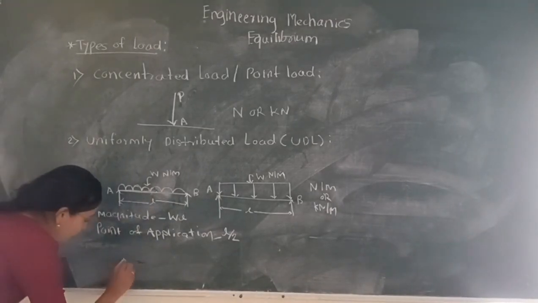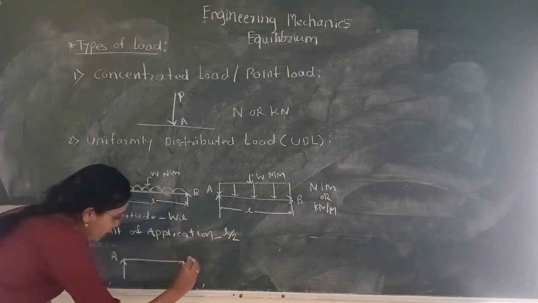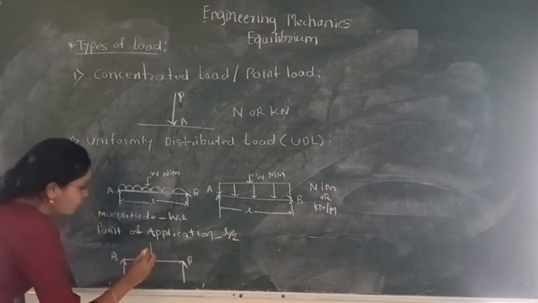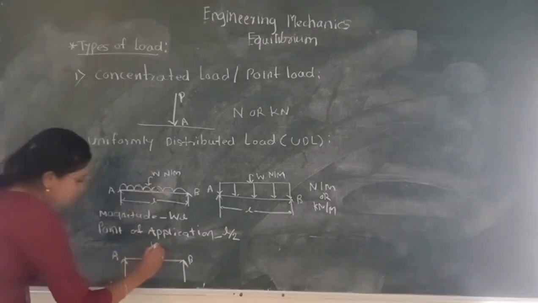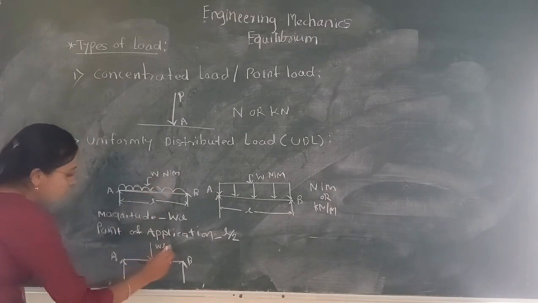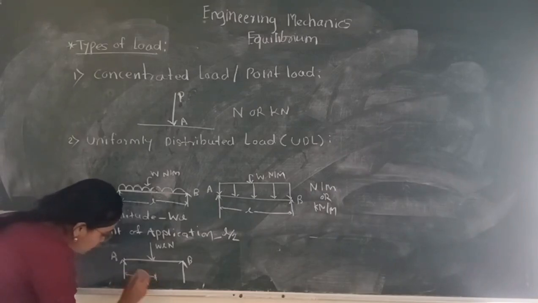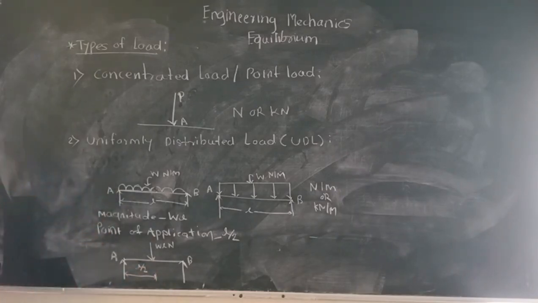So converted point load beam diagram will be like this. This will be converted concentrated load having magnitude WL. Now unit will be taken as Newton and it will be at a distance of L by 2.